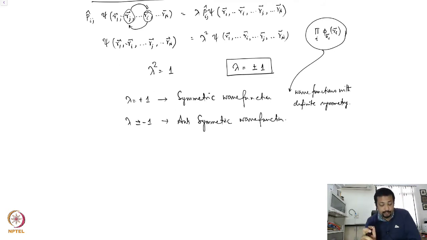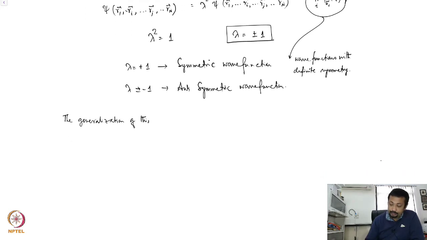The generalization of this exchange operator is the permutation operator.